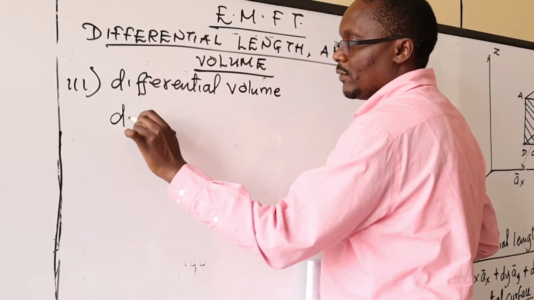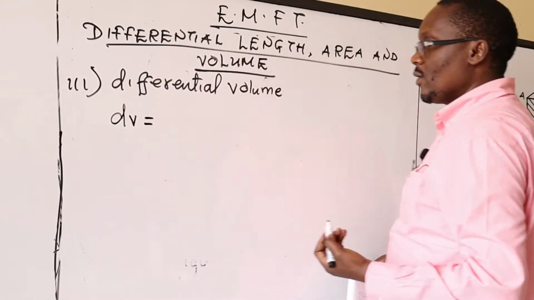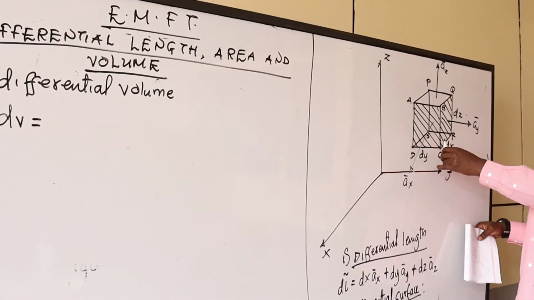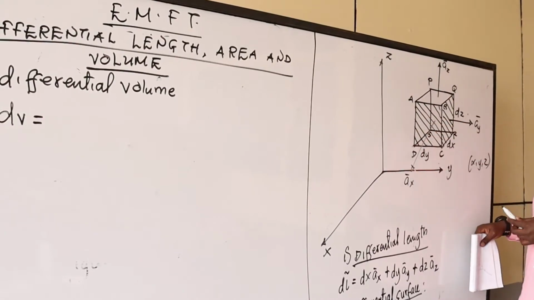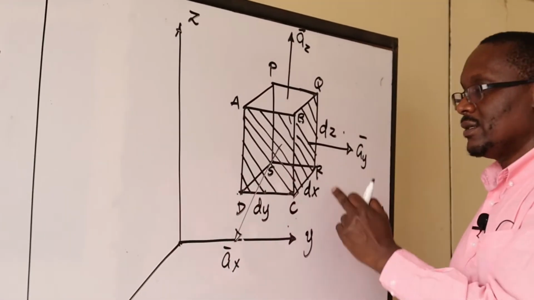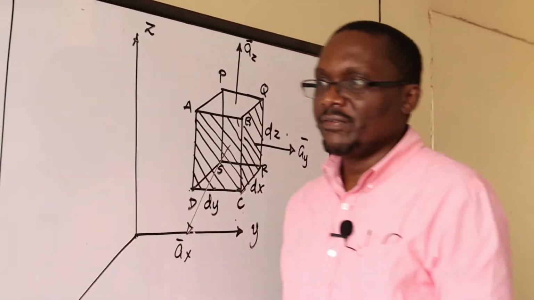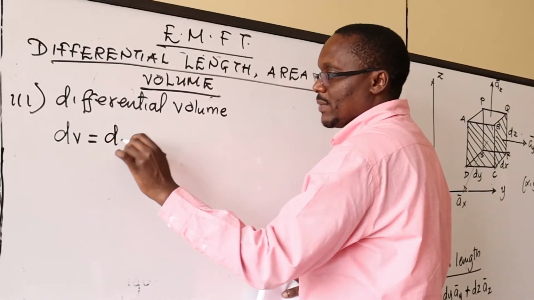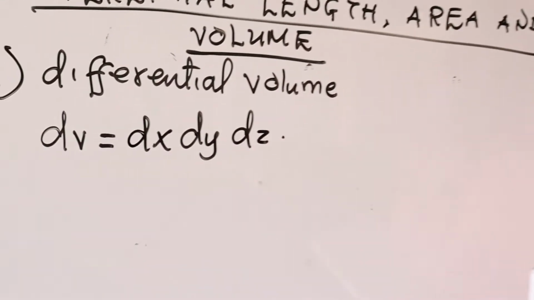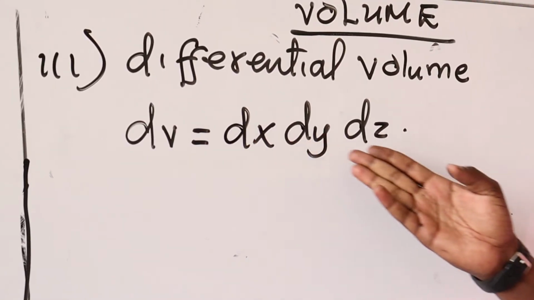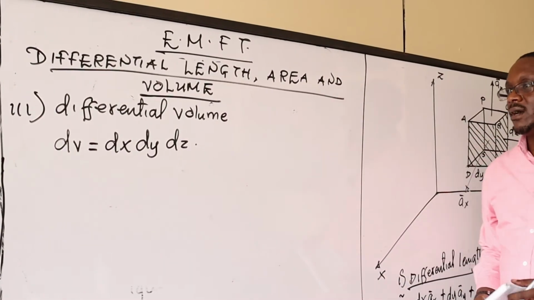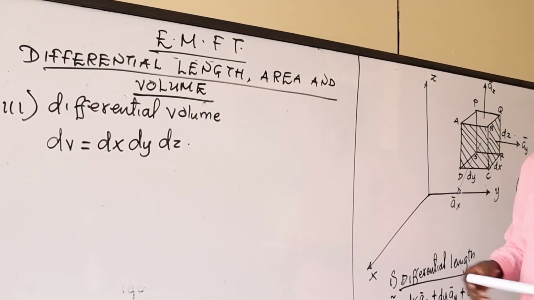Our differential volume dV, if I go back to my drawing, we want to get the volume of this cube. The volume of the cube must be length times width times what? Times height. So differential volume dV must be the same as dx dy dz. Later on, we'll realize that this will prompt us to do a triple integral when dealing with a volume.